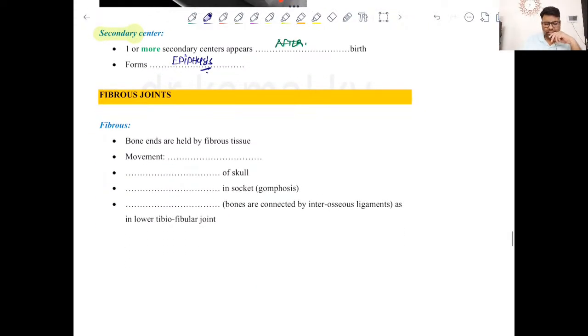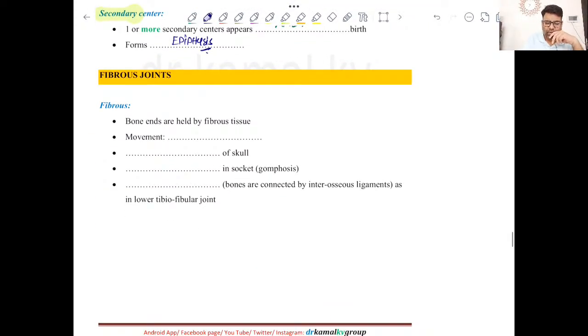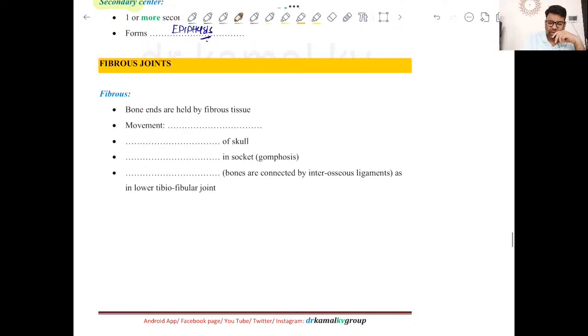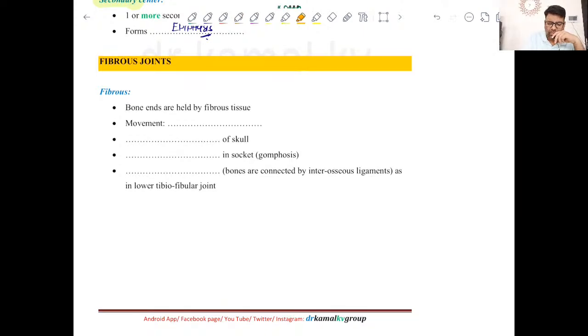Then we come to joints. So starting with fibrous joints, and here some bones are held by fibrous tissue. Now this fibrous tissue is very inelastic, so there is no movement, or in simpler words you will say immovable, no movement at all. And what are the examples of fibrous joint?